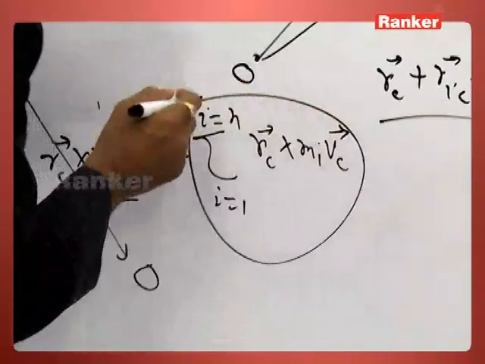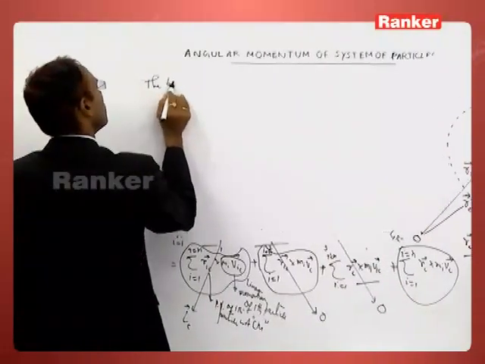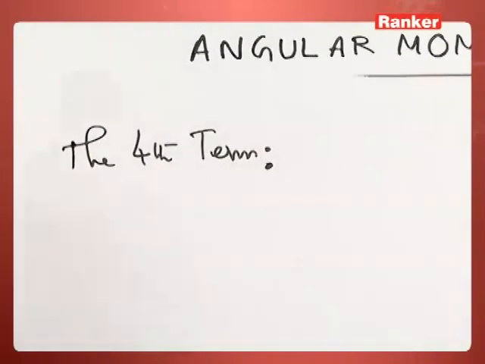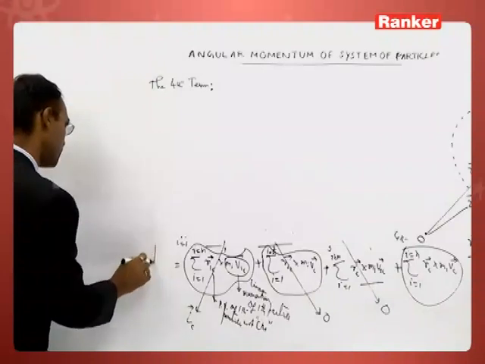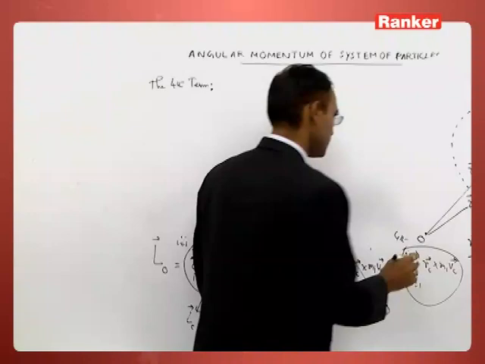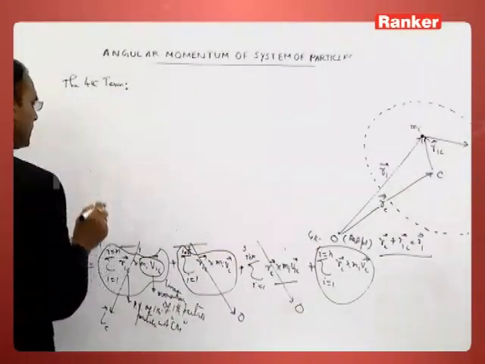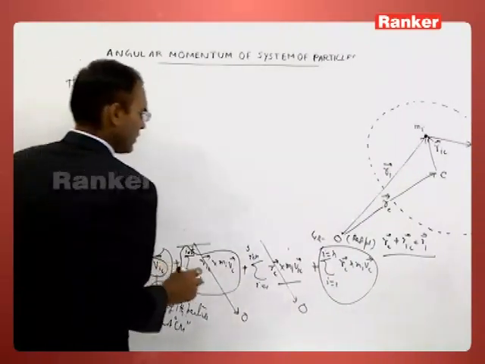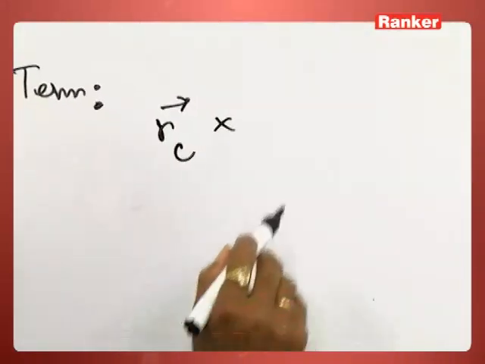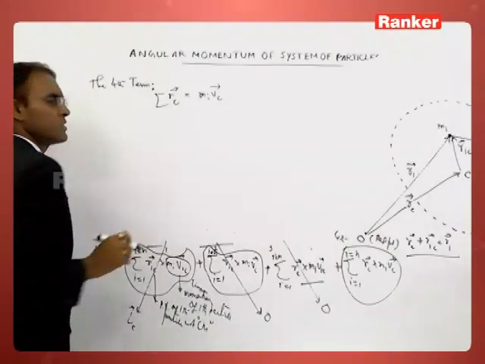Now come to the fourth term of the expression of the angular momentum of the system of particles with respect to the fixed reference point, which is R_C cross m_i V_C, sum of this.